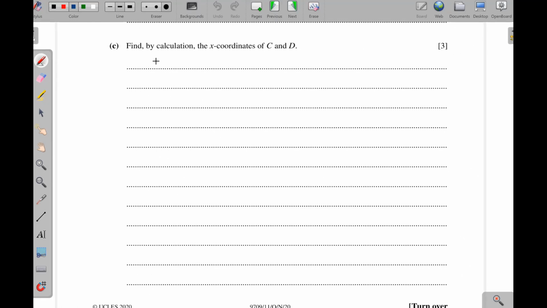Now we have y equals 2x minus 4, the equation of the tangent CBD. And then we also have x minus 3 squared, plus y minus 2 squared, which is equal to 20. Now substitute this one in here, okay?